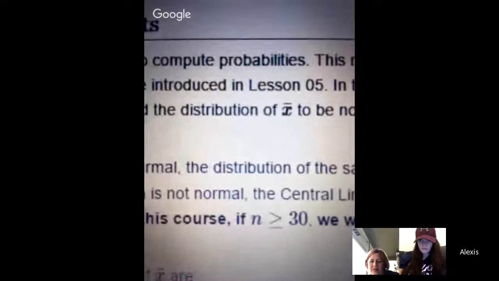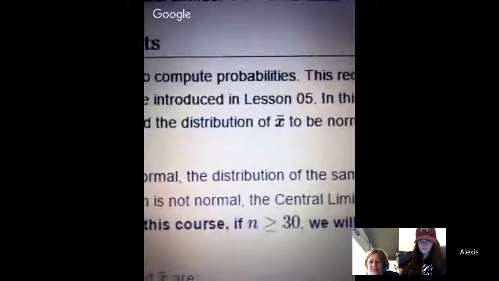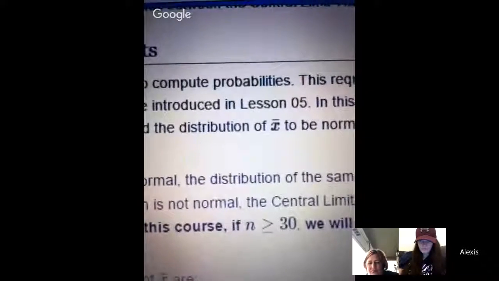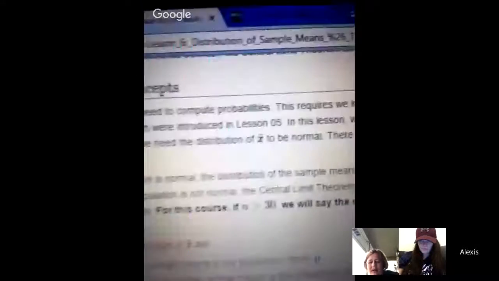Can you see that? 30. We will say that the distribution of the sample mean will be approximately normal. So if n is more than 30, then it'd be normal.